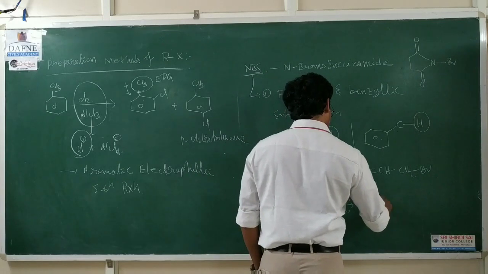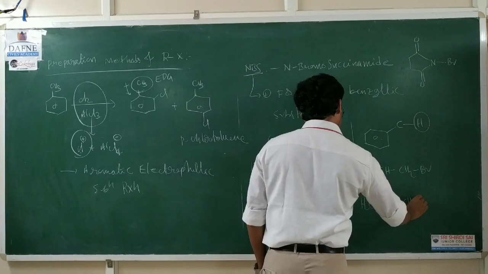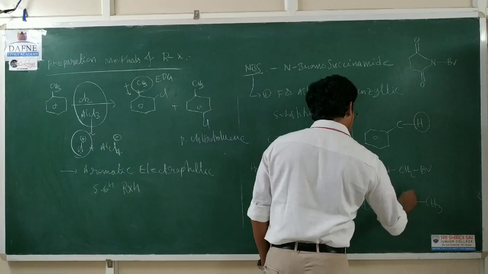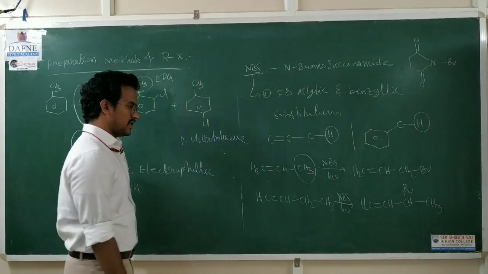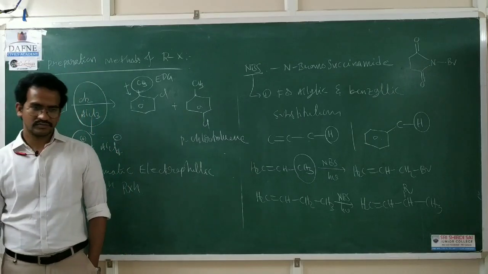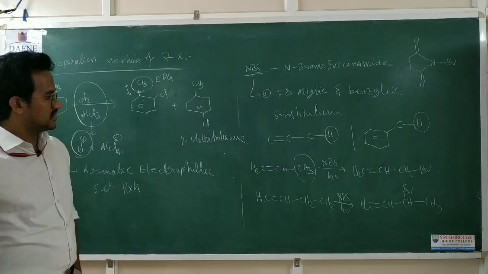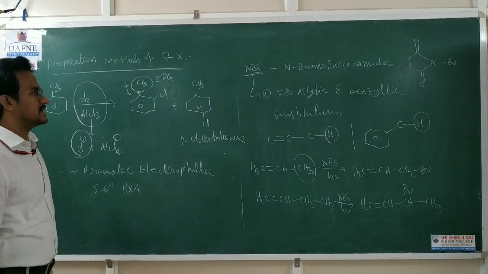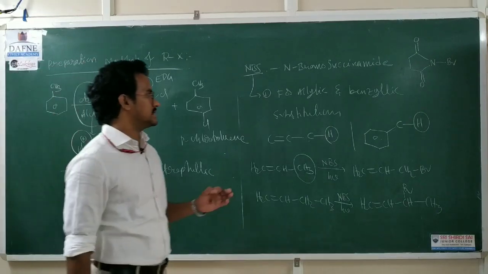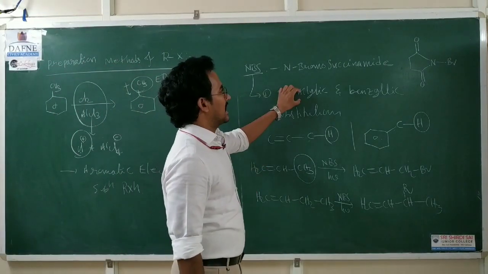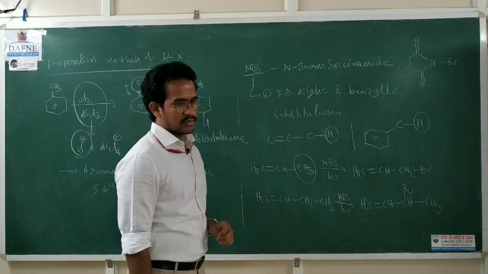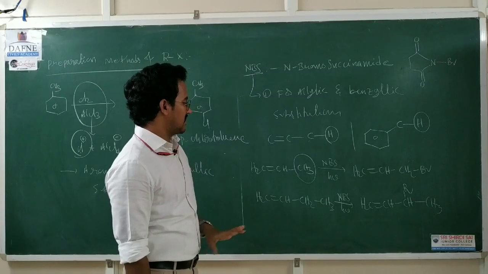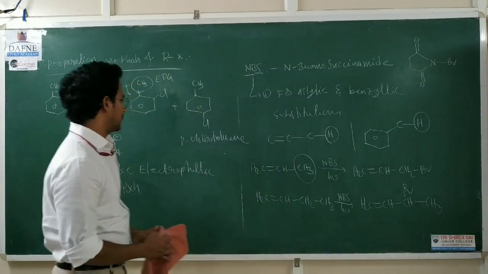Then again allylic substitution takes place, and this allylic hydrogen is replaced by the Br. Okay, you got this one? NBS has only one specific character, that is for allylic hydrogen and benzylic hydrogen replacement. The hydrogen on the allylic carbon as well as on the benzylic carbon is replaced.